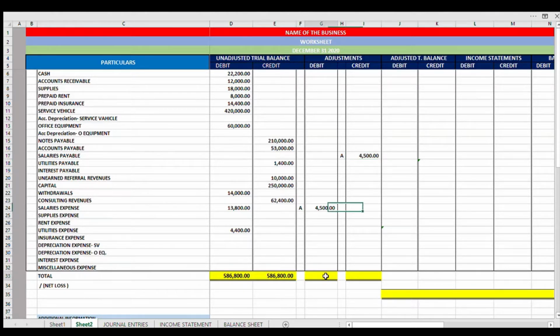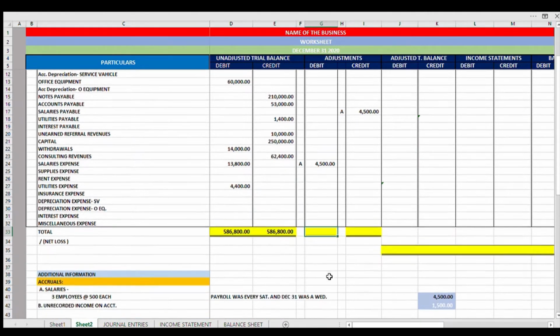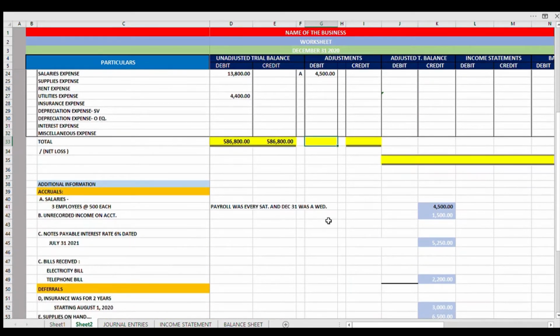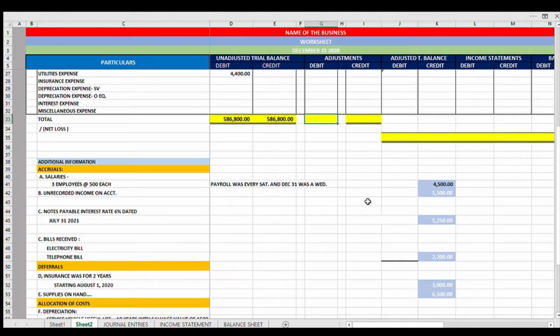Okay, but we are not yet through with this because there are a lot more adjustments to be considered. Okay, so we're finished with the first information given. Okay, so let's go on with the next one.